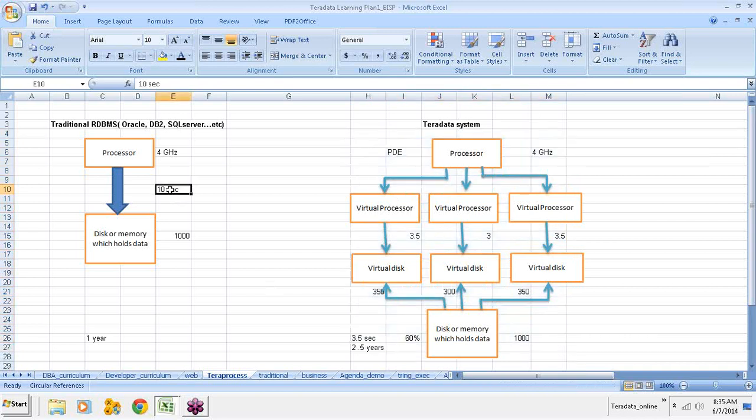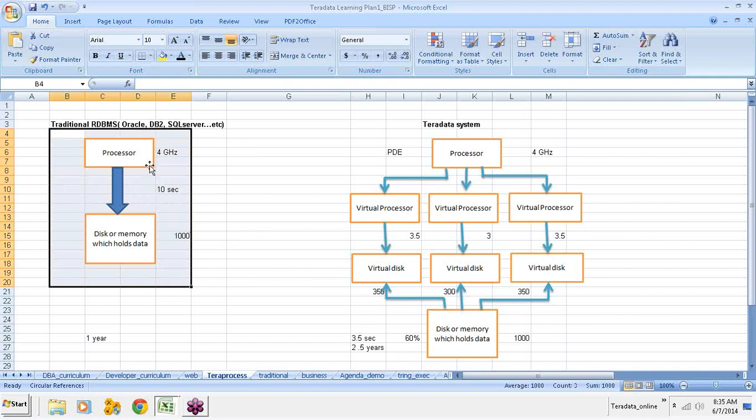So how much optimization did we get here? The processing time decreases from 10 seconds to 3.5 seconds. So can I say almost 60% optimization we got, right? When you compare the performance, here it has one set of processor and disk memory, and here it has 3 sets of processors and disk memories.